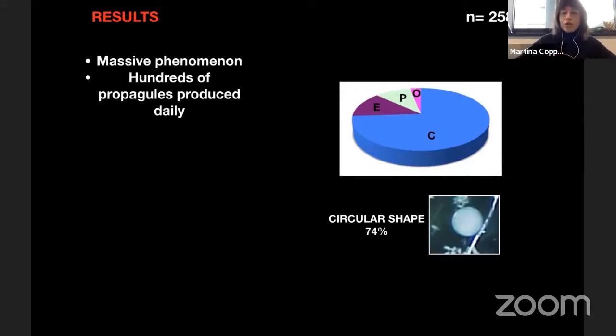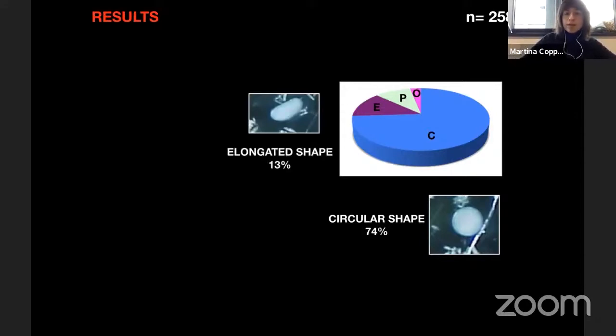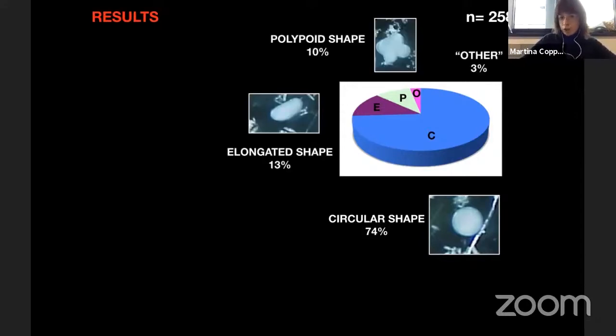The main morphology that we recorded was the circular one, followed by the elongated and the polypoid shapes. We hypothesized that the elongated shape derived from the detachment of an entire tentacle from the polyp, whereas the polypoid shape is the rearrangement of an entire polyp that detached from the colony.